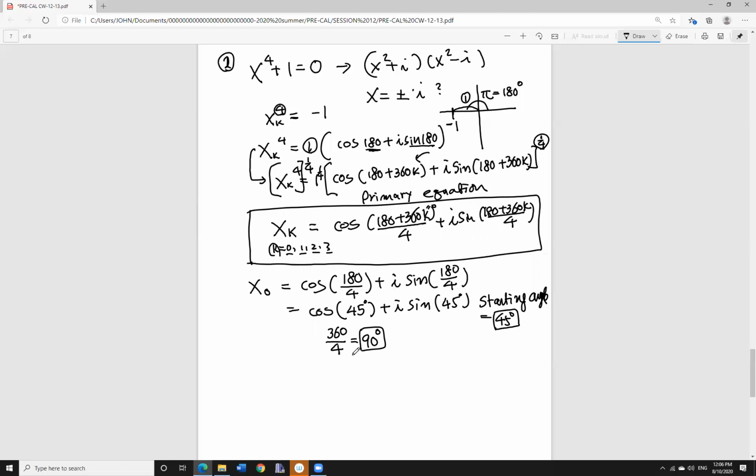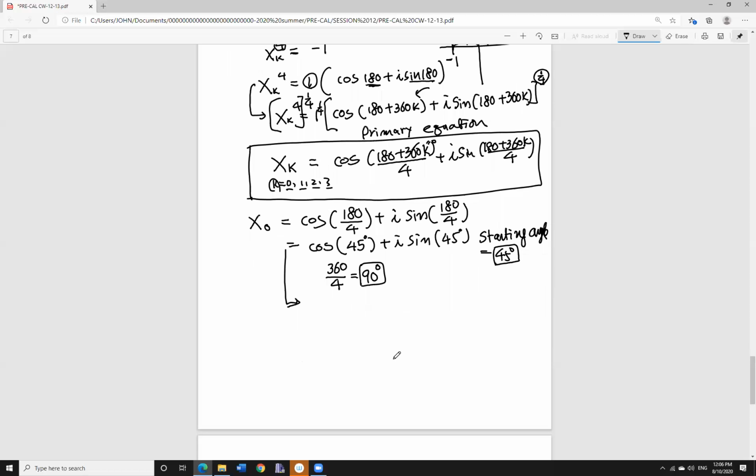Now the first one, let's finish it. Cosine 45 is root 2 over 2, plus i sine 45, which is root 2 over 2 i. That's the first one, x0. What is x1?